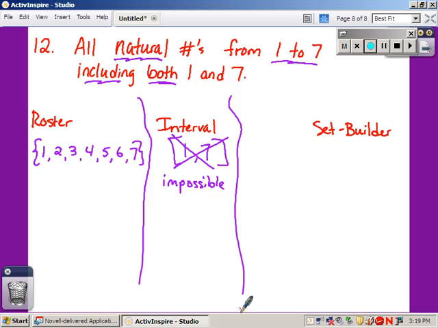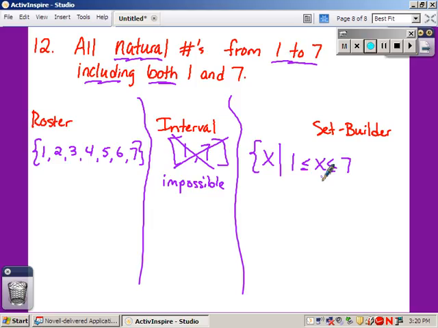And now see, Set Builder, I told you, works for everything. So you know that it's going to work. The question is how to write it to make it work. Well, let's deal with our range of numbers. So like usual, we have a range from 1 to 7. We want to include them both, so I want lines underneath each one of these inequalities.